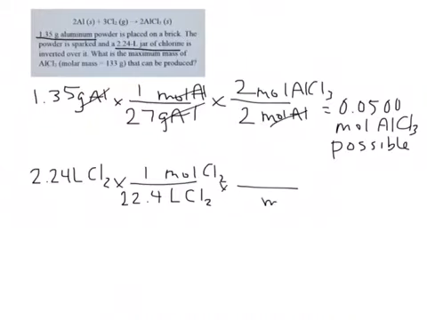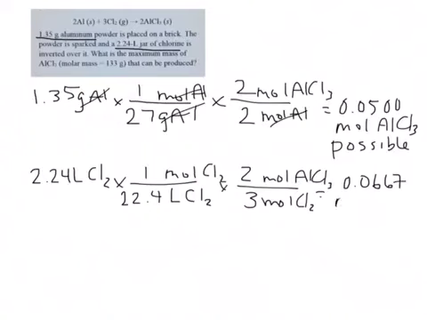Then we are good to do our mole ratio from chlorine to product. Again, look up in our equation, there are 3 moles of chlorine for every 2 moles of product. So 3 to 2. Put that in my calculator, I get 0.0667 moles of product possible.